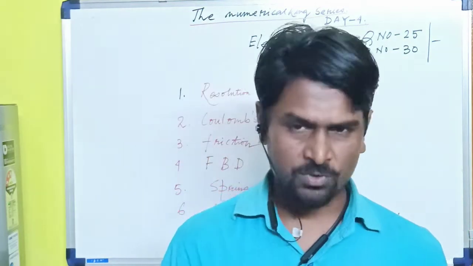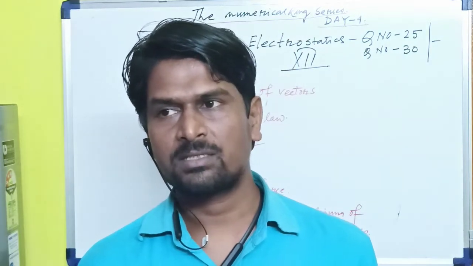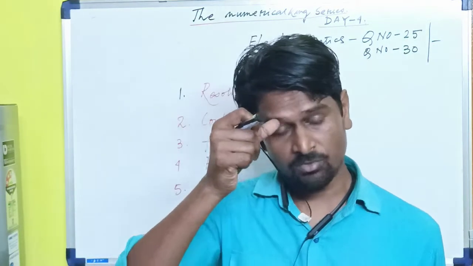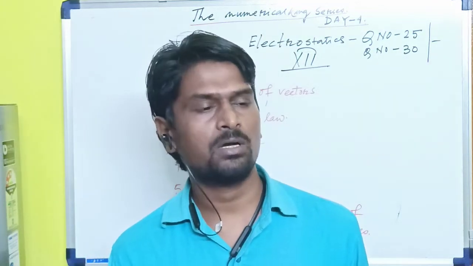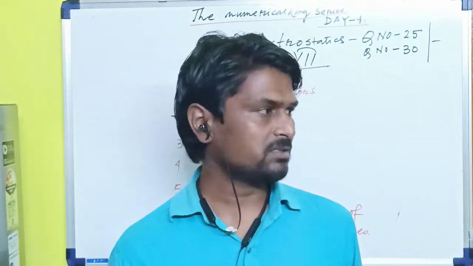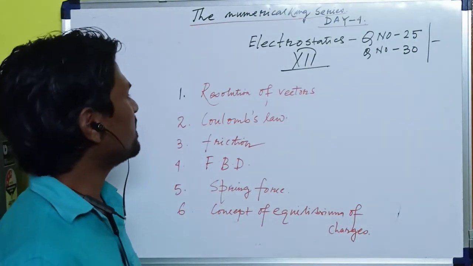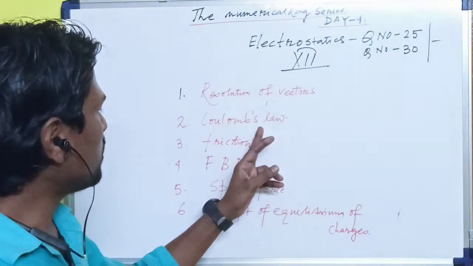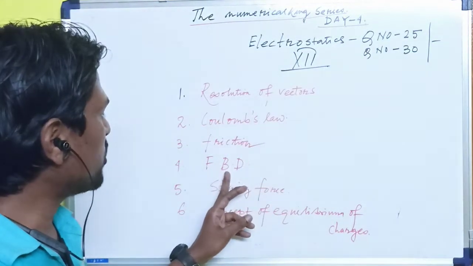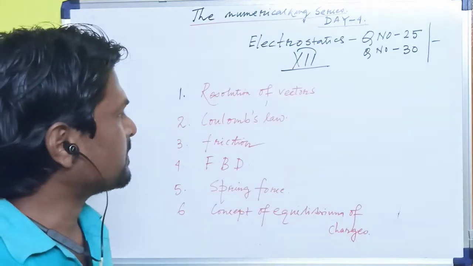First of all, I want to say that this is mainly for the aspirants of NEET or IIT, basically those who have not completed their concepts about resolution of vectors, Coulomb's law, friction, free body diagram, spring force, and concepts of equilibrium of charges.